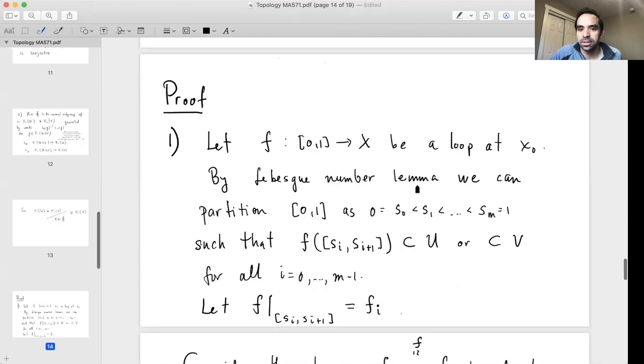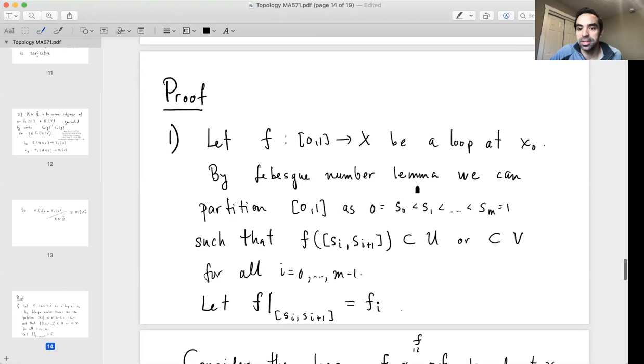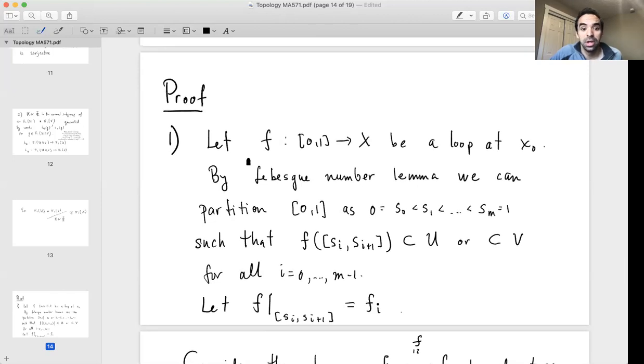Okay? So let's prove the first claim that this map phi is surjective. So suppose f is a loop in X based at x0. And we use the Lebesgue number lemma to obtain a partition of the interval 0, 1.